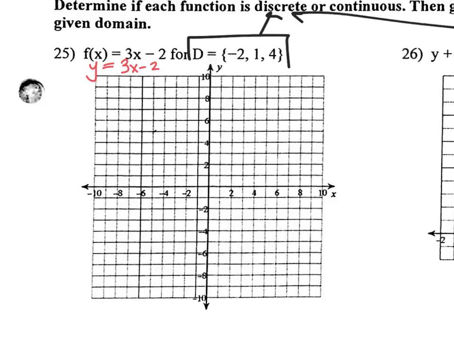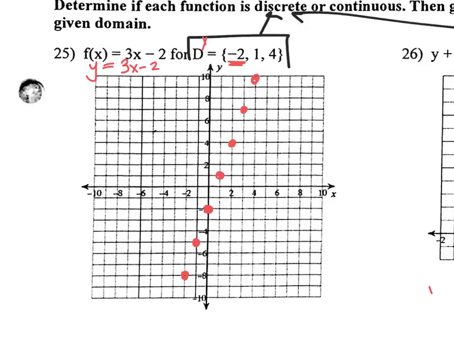The first thing I'm going to do is go ahead and plot all my points. I'm going to start at negative 2. Rise 3, run 1, rise 3, run 1 to the right. And then I'm going to go down 3 and to the left 1, down 3 to the left 1. Now, I only want the points with these given domains. So I want to find the x value. Remember, domain means x.